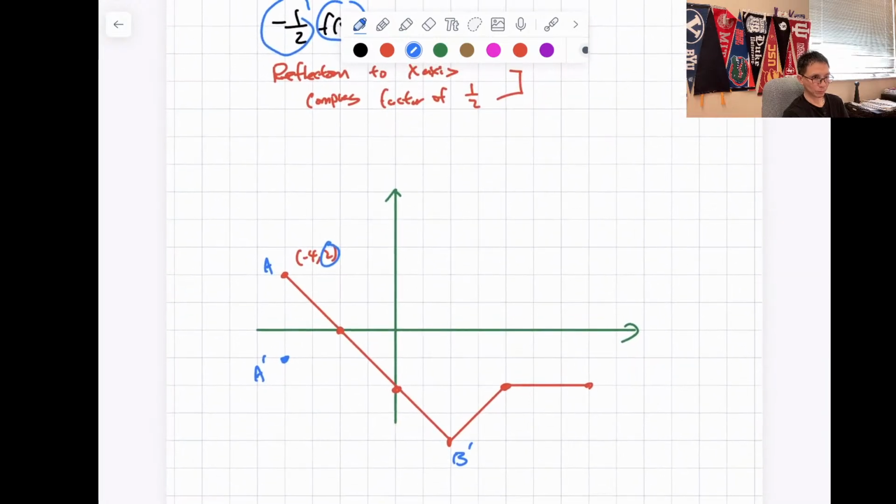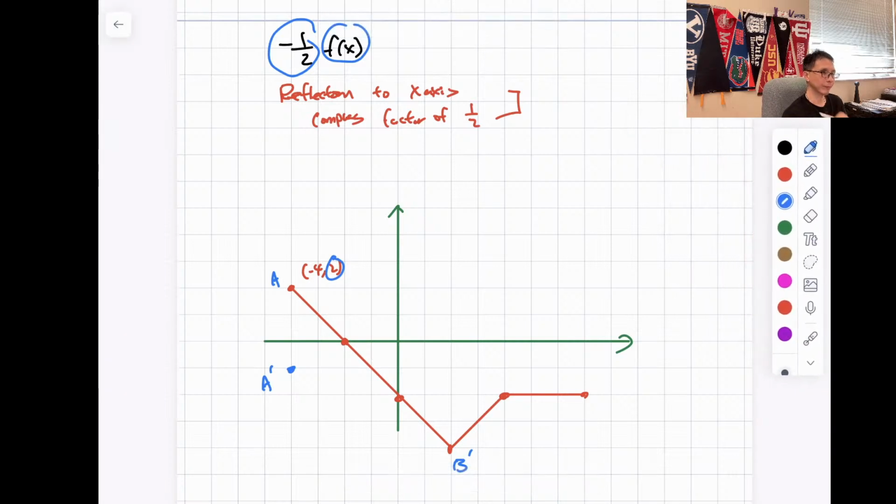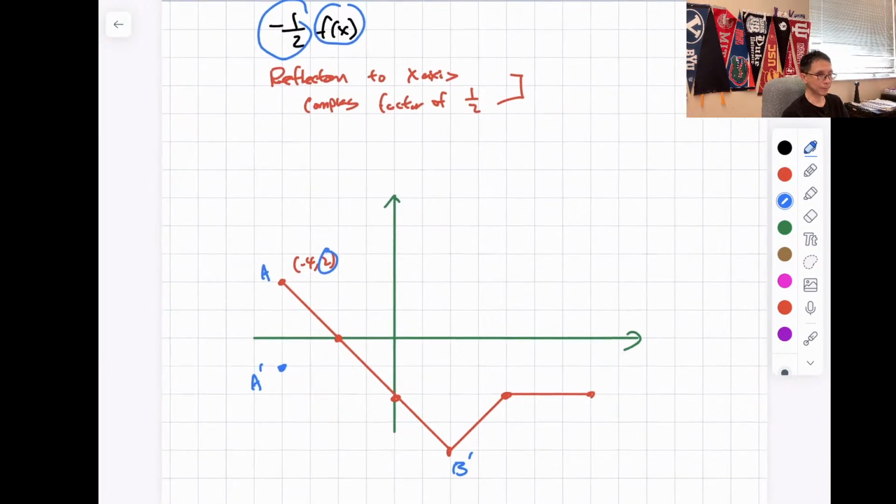Jacob, any ideas? So what will be a new coordinate for the B prime?